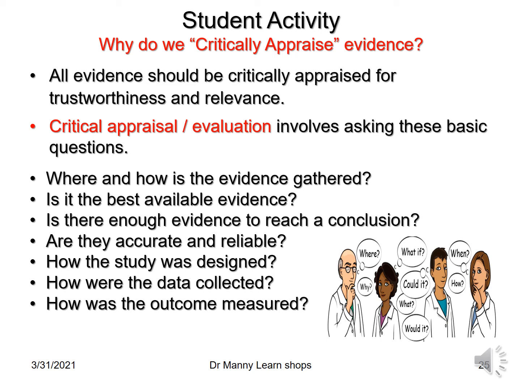Is the evidence accurate and reliable? And for that, you've got to look at how the study was designed. This is your methodology. How was the data collected? Methodology. How is the outcome measured? Methodology.